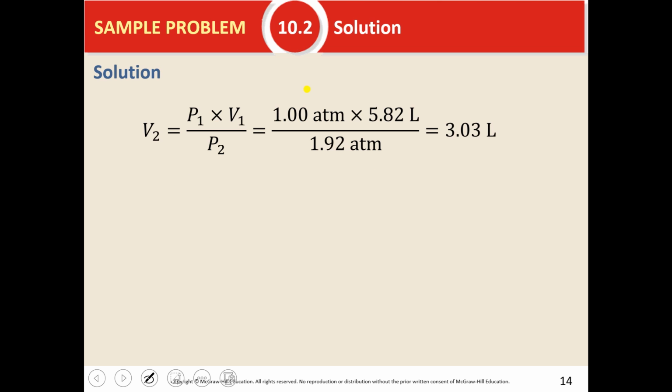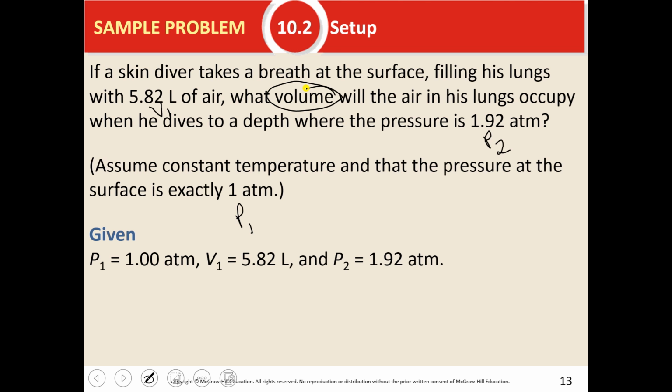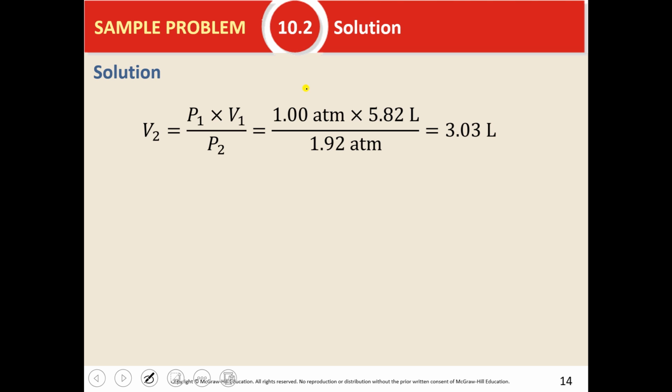So if I just plug and chug solving for V2, I literally just plug in all my given information. Keep in mind, your units have to be matching. We must be using atm and we must be using liters. So for example, if you were given milliliters, you would have to convert that. If you were given millimeters mercury, you would have to convert that. Plugging and chugging, we get 3.03 liters.